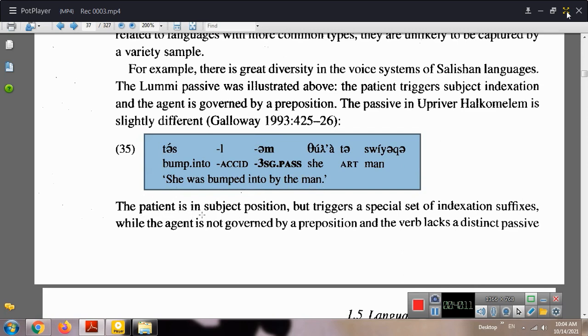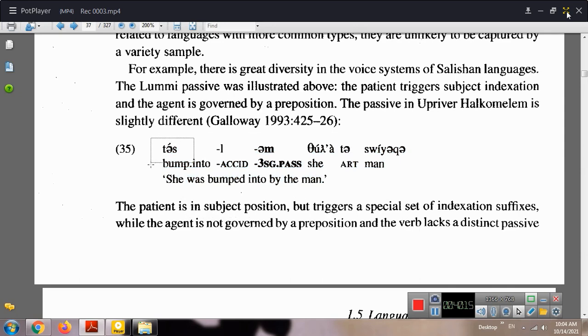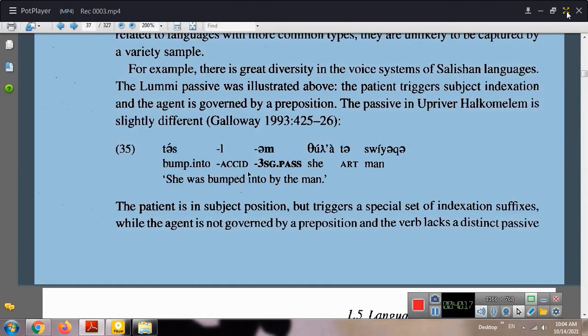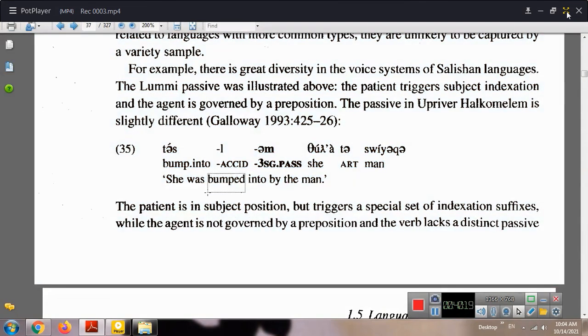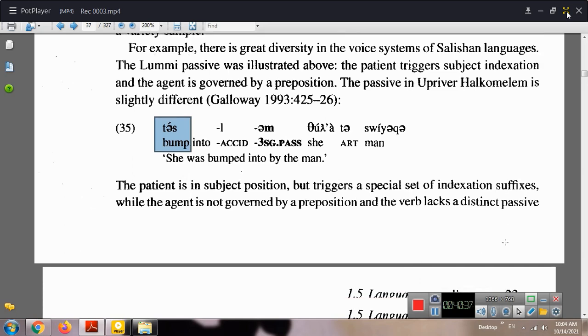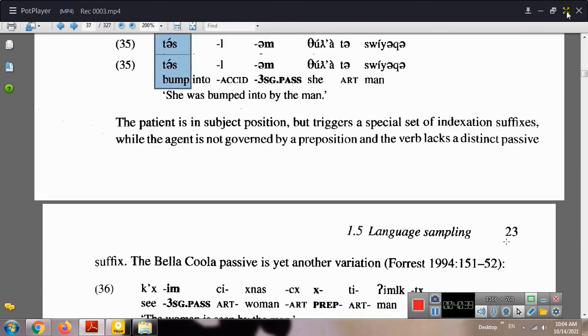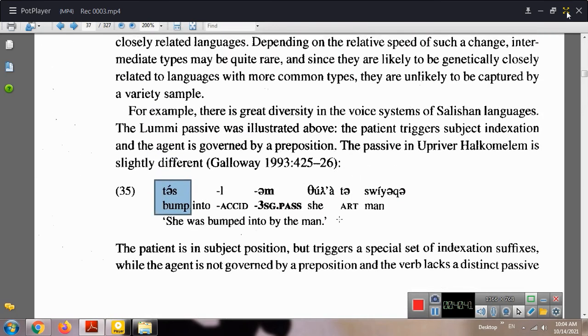The patient is in the subject position, at the beginning of the sentence. But it triggers a special set of indexation suffixes, while the agent is not governed by a preposition and the verb lacks a distinct passive suffix. Okay, you can see all of them in this example.